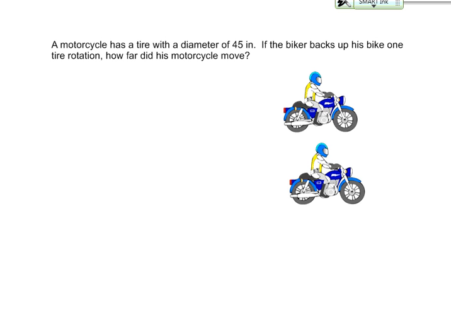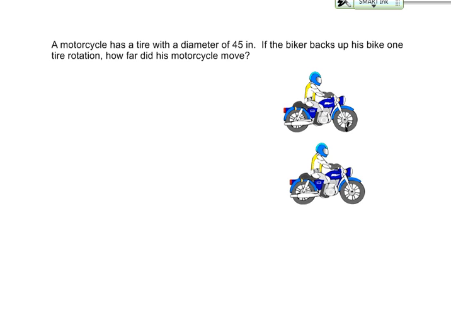Now, sometimes the question may come in a very different way, such like a problem like this. It says a motorcycle has a tire with a diameter of 45 inches. If the biker backs up his bike 1 tire rotation, how far did his motorcycle move? So here we have the cyclist, this biker, and his tire is right here.